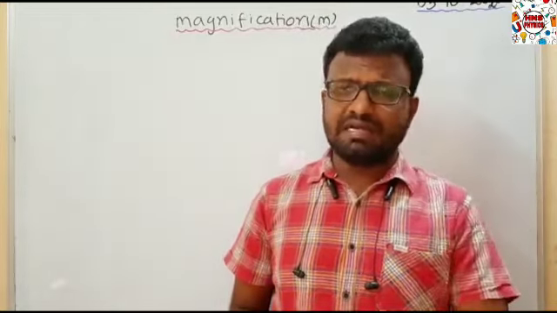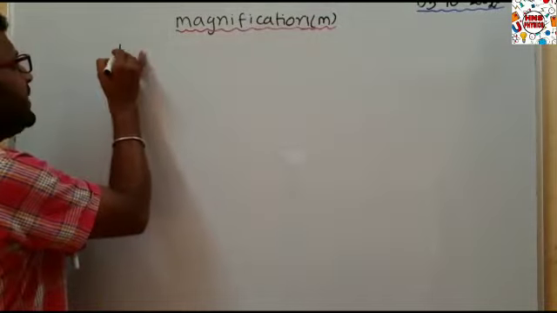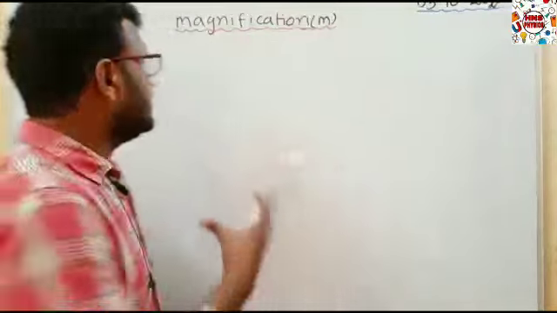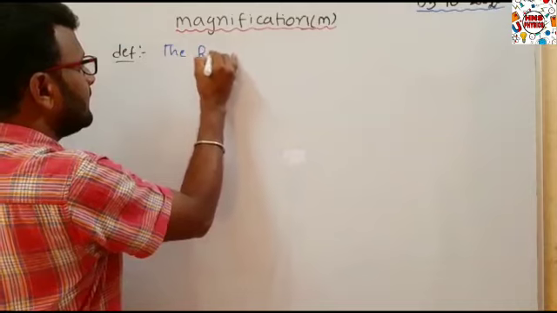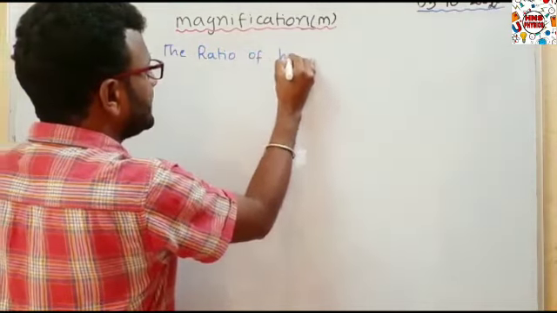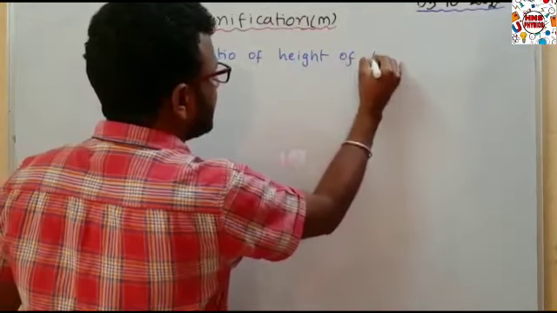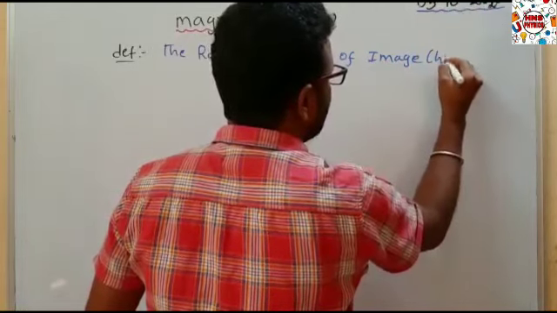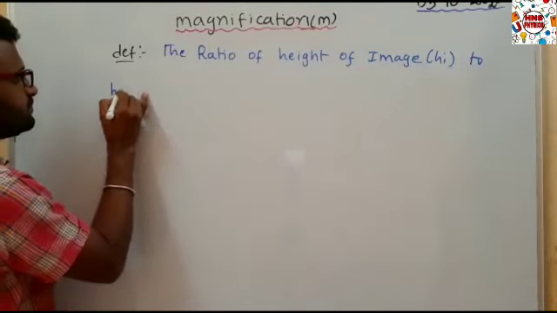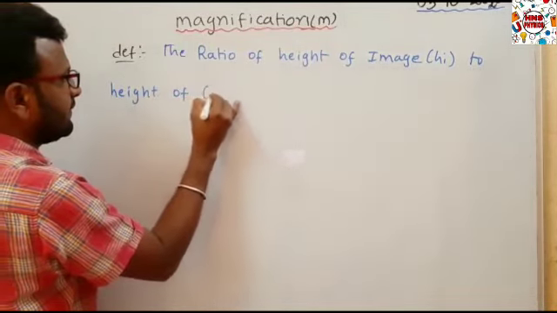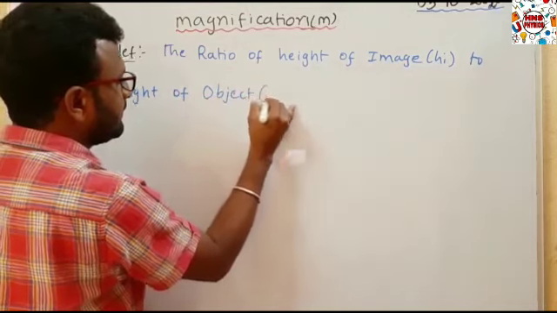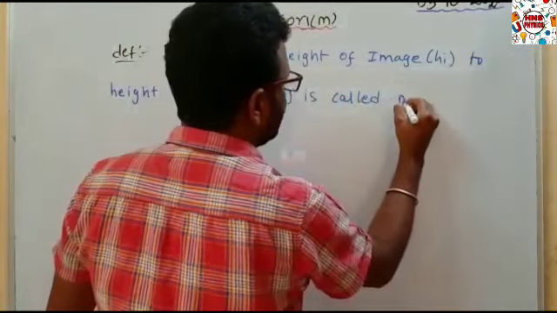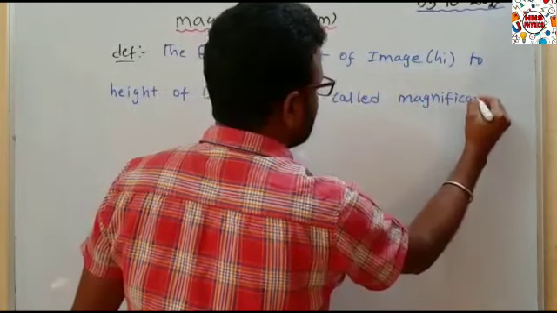So first we will define the magnification. Definition: the ratio of height of the image to height of the object is called magnification, right?